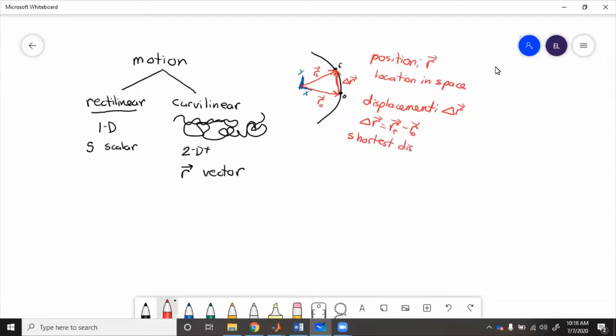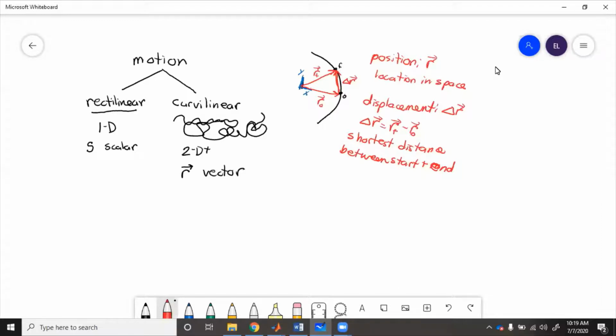Shortest distance between start and end. All right.